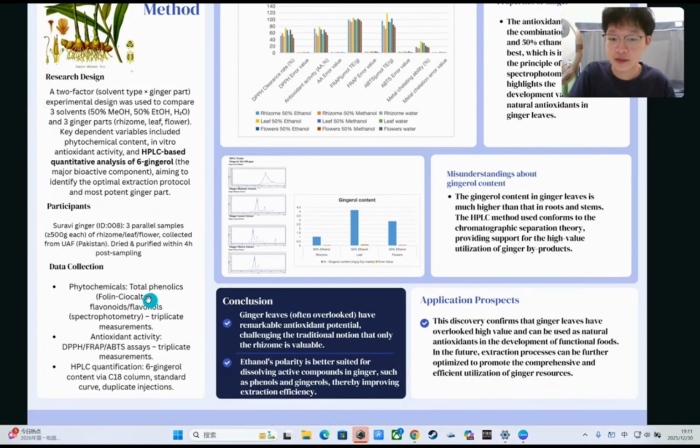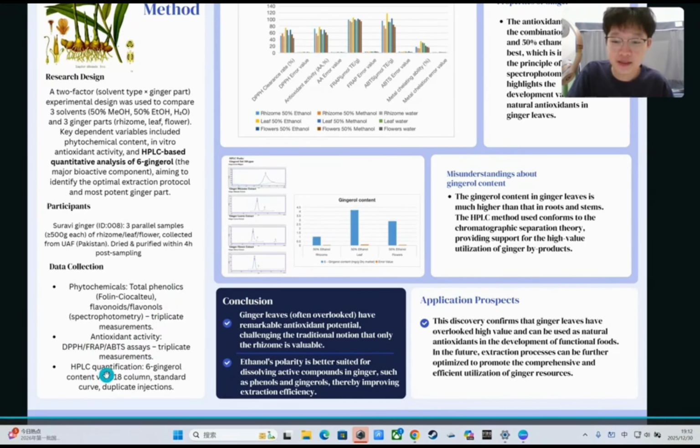Regarding analytical techniques, UV-vis spectrophotometry was used to measure total phenolics and flavonoids, while antioxidant activity was assessed using DPPH, FRAP, and PTS assays. Finally, HPLC with a C18 column was employed to quantitatively analyze 6-gingerol using a standard calibration curve.